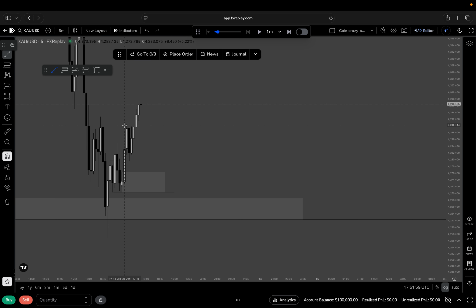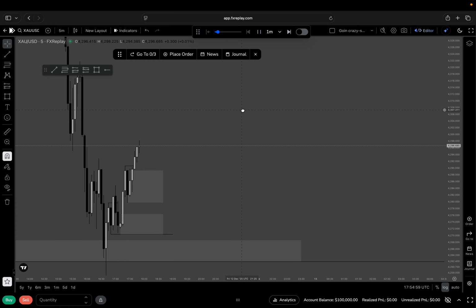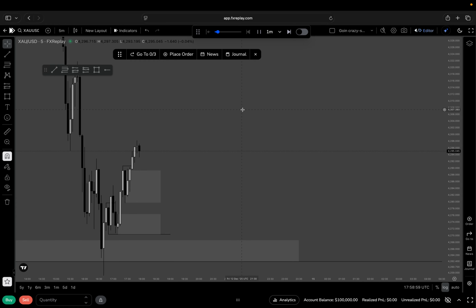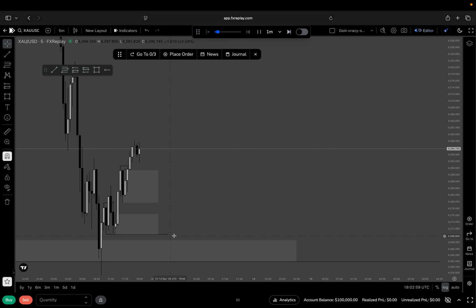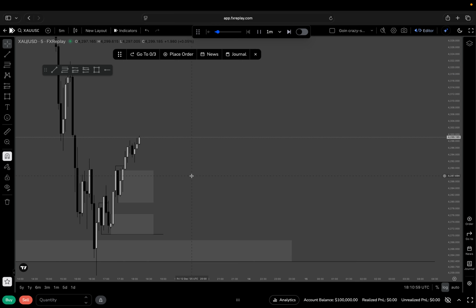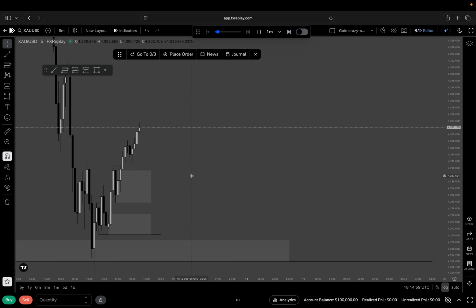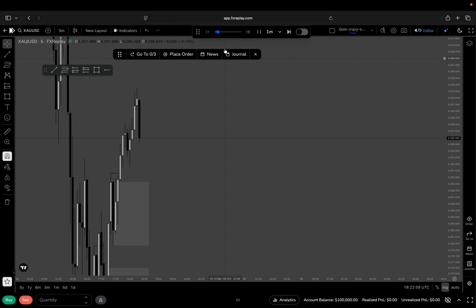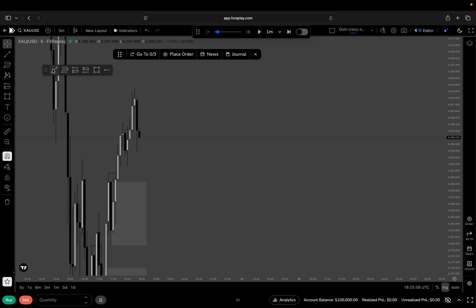Break structure once again. So now this will be our zone, but we do need a sweep. We get another break.